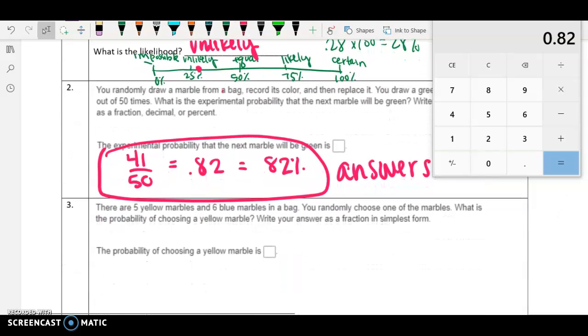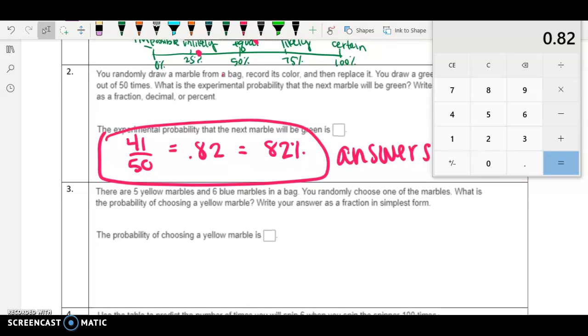All right. There are 5 yellow marbles and 6 blue marbles in a bag. You randomly choose one marble. What is the probability of choosing a yellow marble? So this time you haven't actually taken a marble out of a bag. You are just using what we know. So we know that 5 yellow plus 6 blue gives me 11 total in the bag.